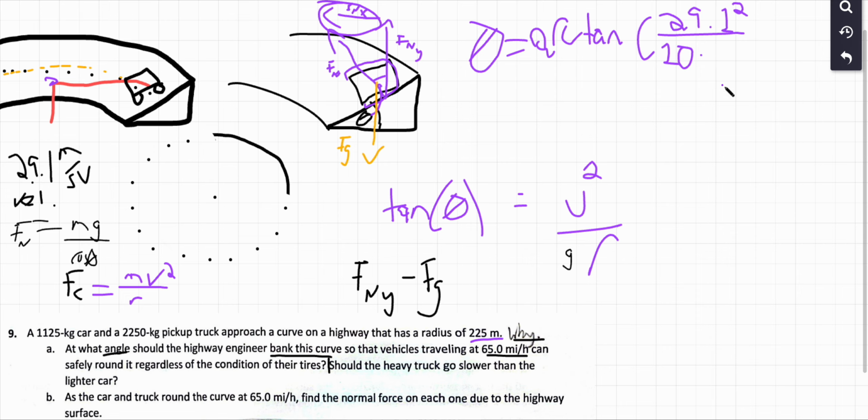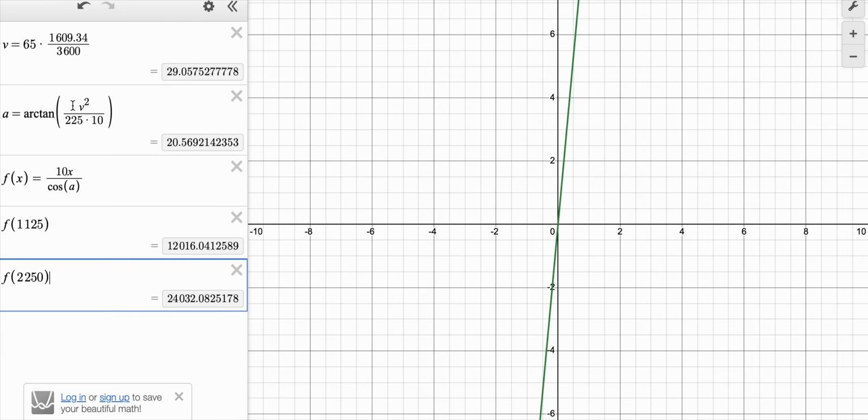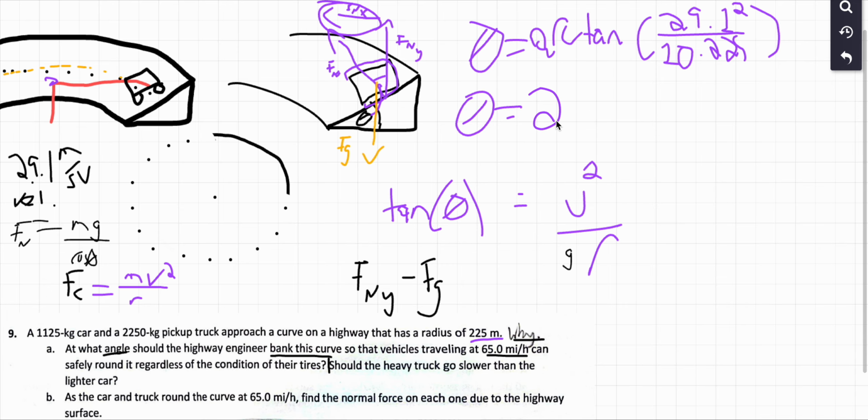If the AP exam lets you say gravity equals 10 meters per second squared, I'm going to use it. It's a lot rounder that way. And our radius of 225. And we get theta equals 20.6 degrees.